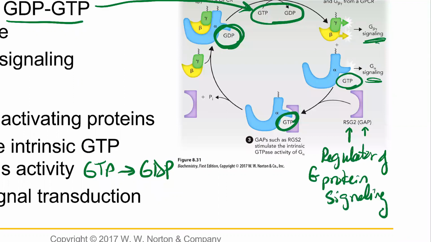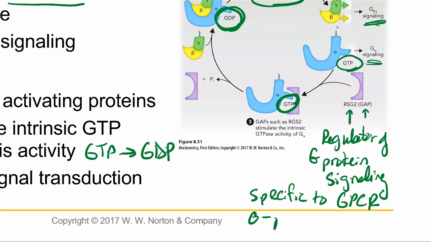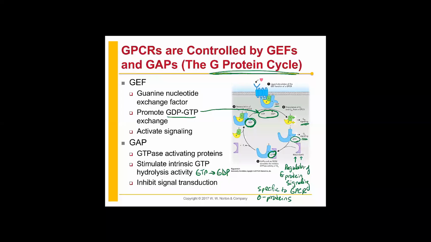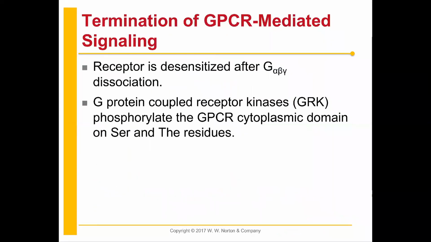They call it this because it's a GTPase activating protein that is specific to G protein coupled receptors that have G proteins. So you should probably know what that abbreviation is. There are just so many abbreviations in this one. I'm so sorry.